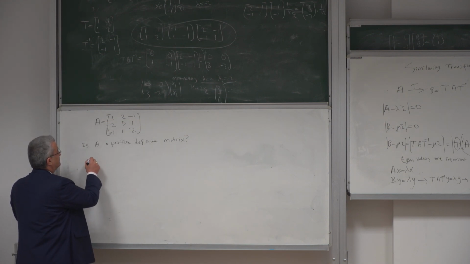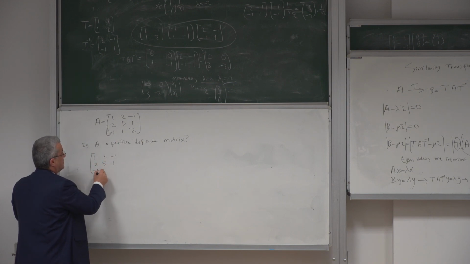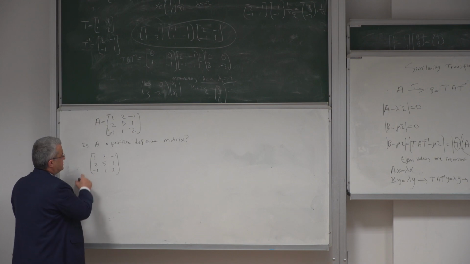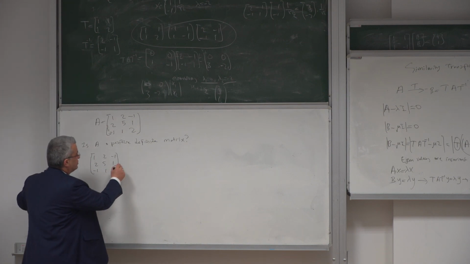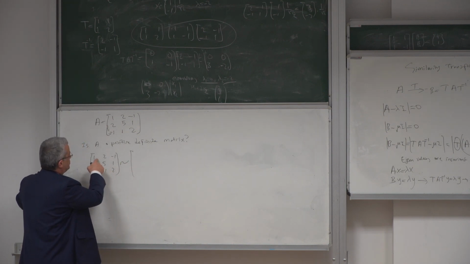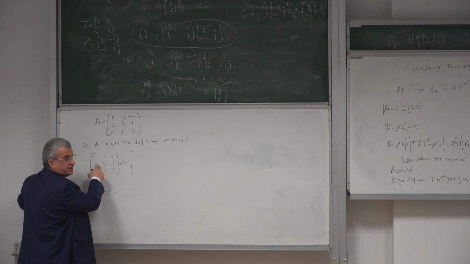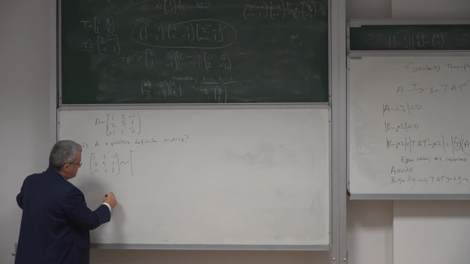So 1, 2, -1, 2, 5, 1, -1, 1, 2. This is a symmetric matrix, right? The idea is the following. I make a row operation on this, and I go to this one. So twice this is subtracted from here, right? So let me just keep track of it here.